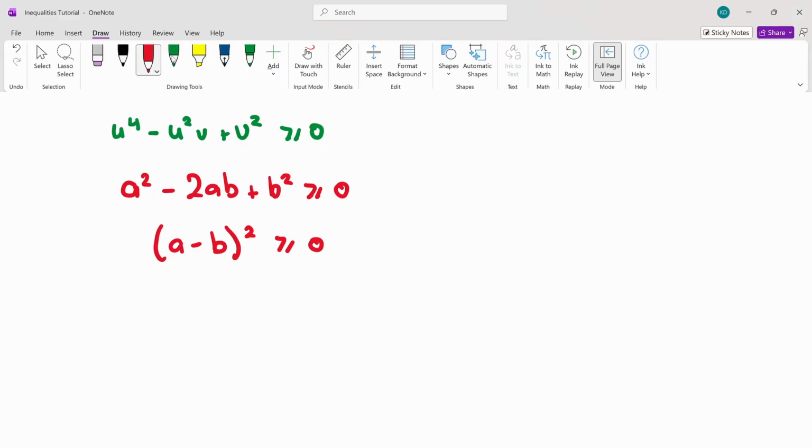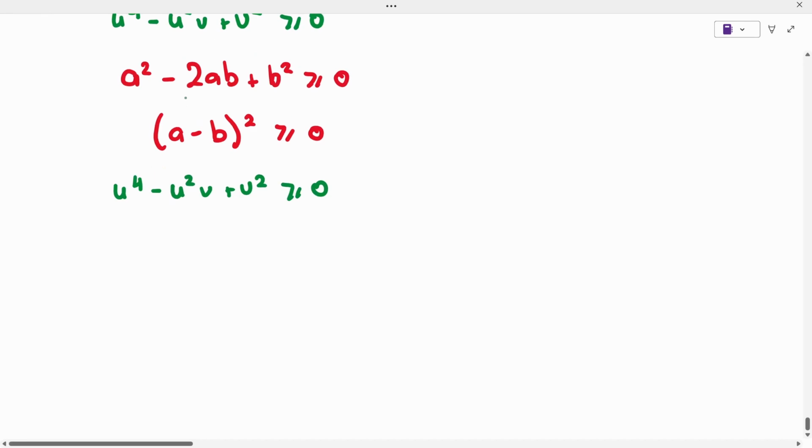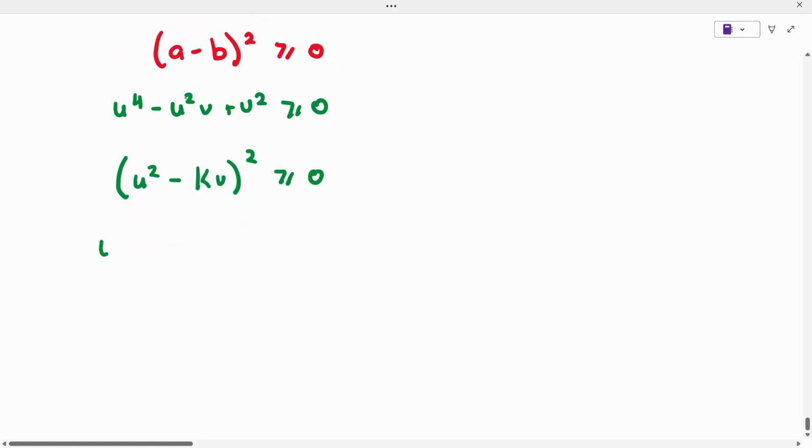So what our goal is going to be is to manipulate this statement here and try to find a way to express it as a perfect square. So what that means is you can kind of see here that u^4 is a squared, right? So a is going to be u^2. We want to find (u^2 minus kv) squared is greater than or equal to 0, right? So let's expand this. This is u^4 minus 2k u^2 v plus k^2 v^2.